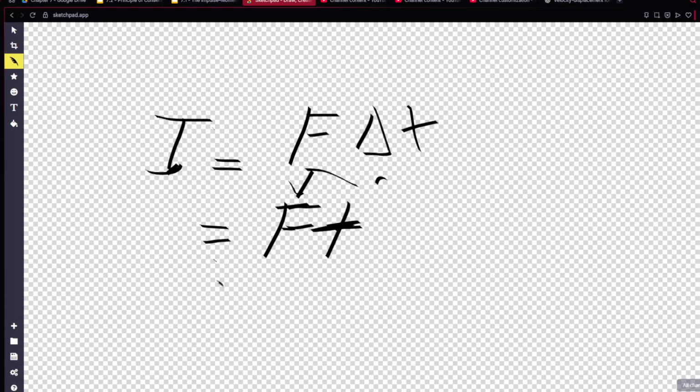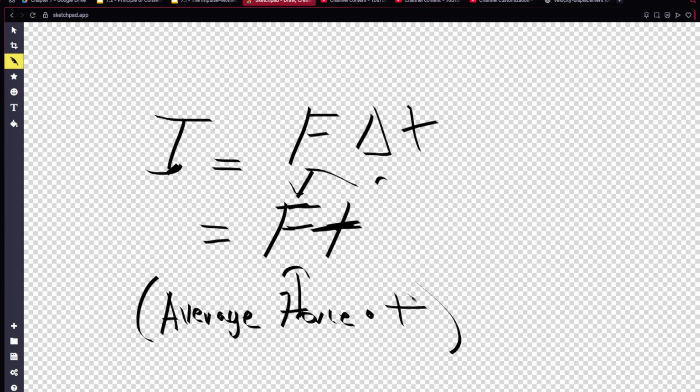But we can also apply this to calculus. In fact, you could just do average force times t, which would be the same as this. But we can also do the summation of the forces times t, kind of like Riemann sums.